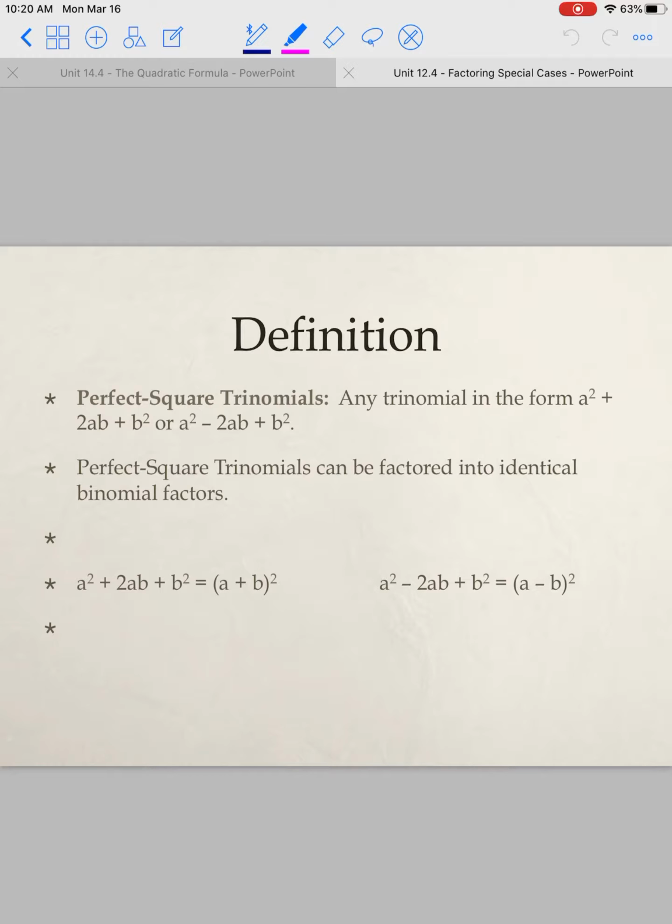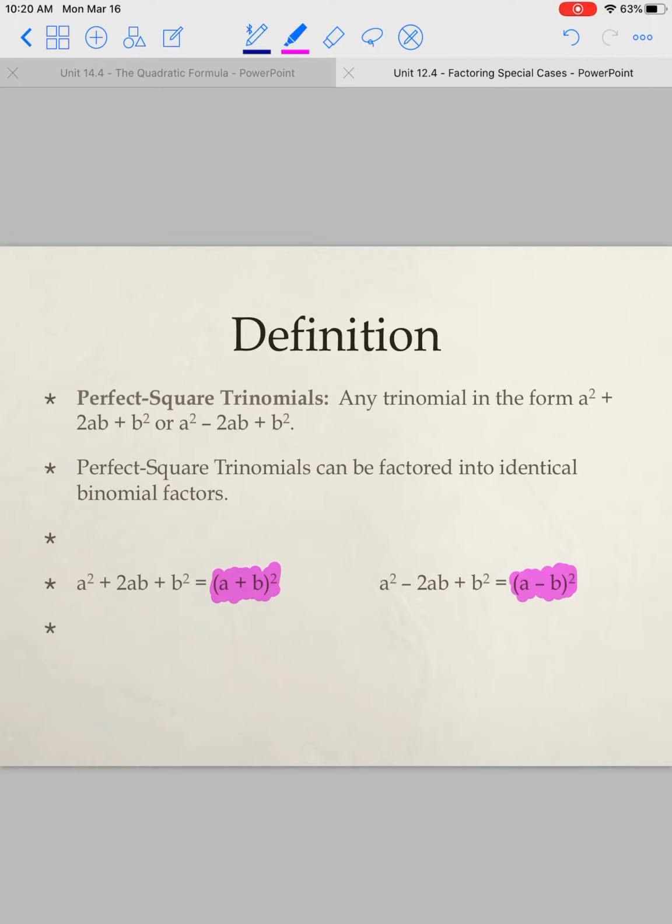All right, and a perfect square trinomial is one just like what we just did. Those are perfect square trinomials. If you were to do one of those and you noticed that, whoa, these are the same exact thing, then that's a perfect square.